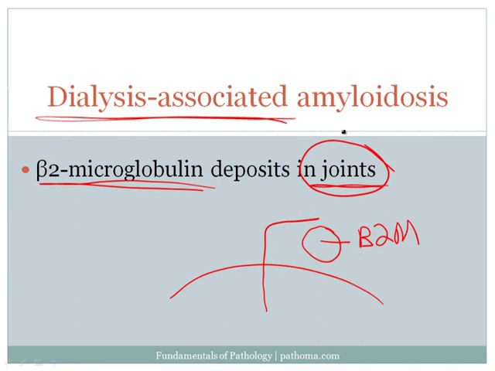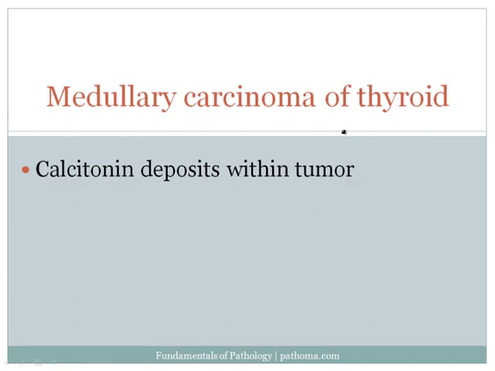a localized amyloidosis. And the final localized amyloidosis arises in medullary carcinoma of the thyroid. Recall that medullary carcinoma of the thyroid is a tumor of the thyroid derived from C cells.